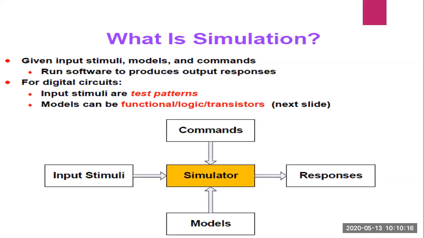As we know, when we come to the concept of simulation, it comes out with the combination of all the input stimuli, what input vectors and input patterns were applied. All that is taken from the input stimuli and sent to the simulator, and here it is going to collect the commands.